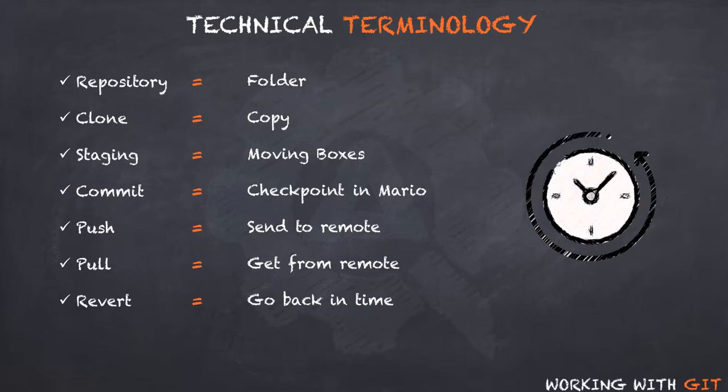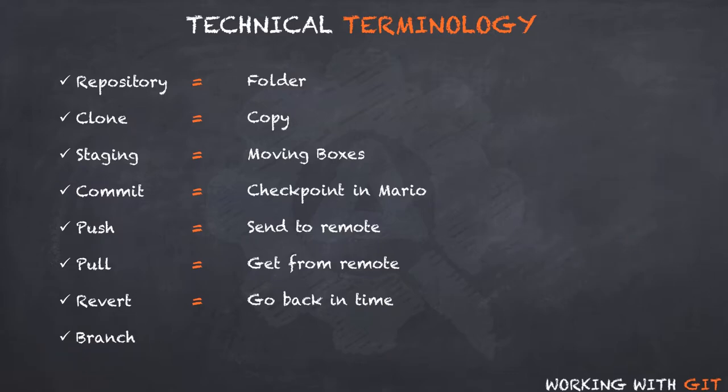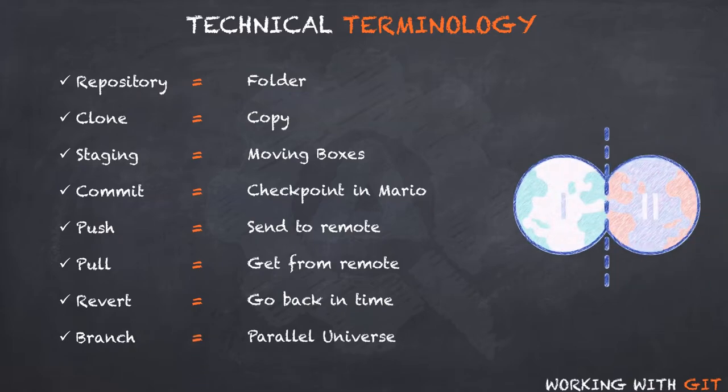Now, the next term is branches. Branches in Git are like parallel universes. Imagine that in different universes, we make different decisions which lead to worlds which have the same past up to that decision but different futures.